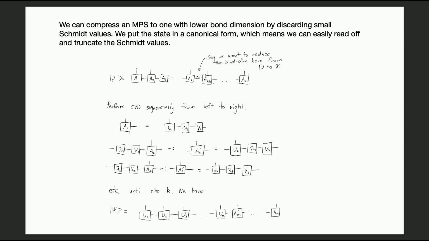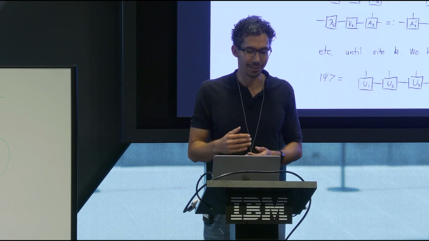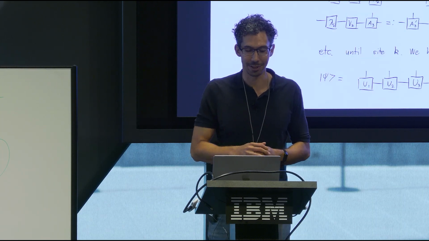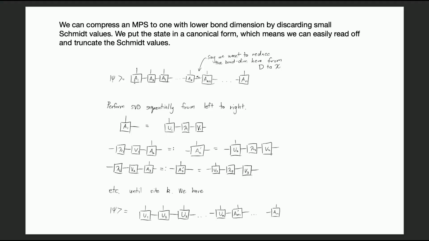The way that we do this is we put the matrix product state in a certain form called the canonical form, which essentially corresponds to a Schmidt decomposition of your matrix product state, where you can read off the singular values, the Schmidt values, directly. And the key tool for this algorithm is the SVD, which we apply sequentially.